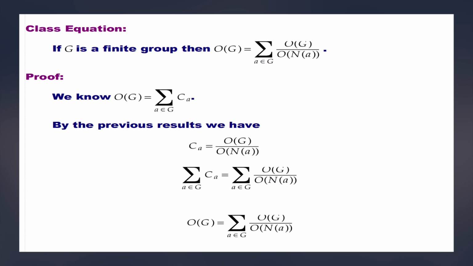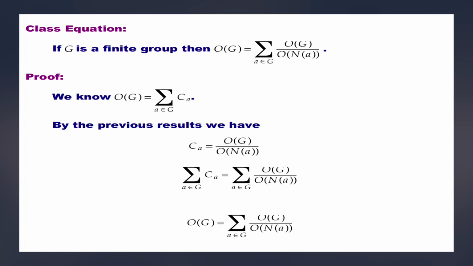The proof is: we know the order of G is equal to the summation over all elements a in G of C(a). By the previous result, C(a) is equal to order of G divided by order of N(a).